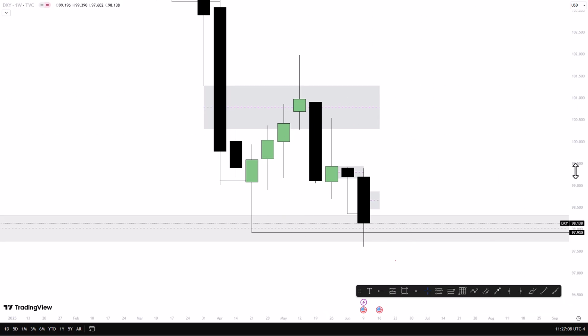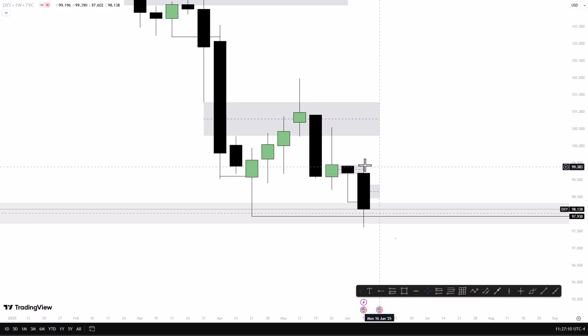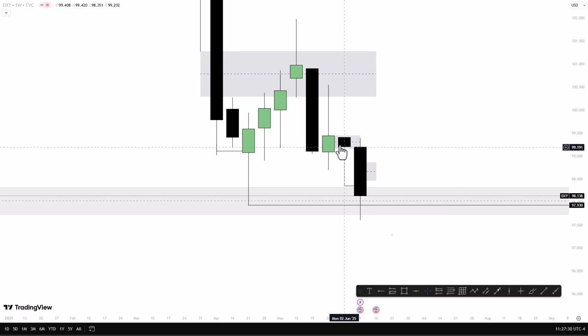But how do we know that price is going to take out the internal range liquidity? We need to see one in the price action. And this internal range liquidity should be an imbalance or fair value gap. So here, what do you see? We don't have a fair value gap or imbalance. And on the weekly time frame, we see price has taken out the external range liquidity.